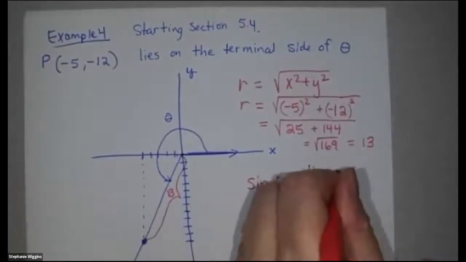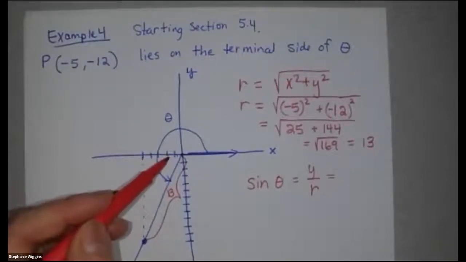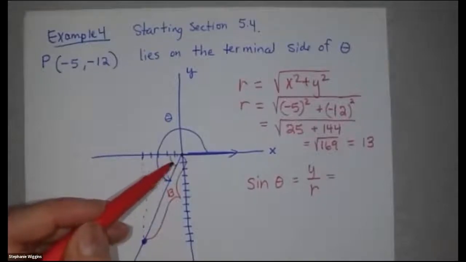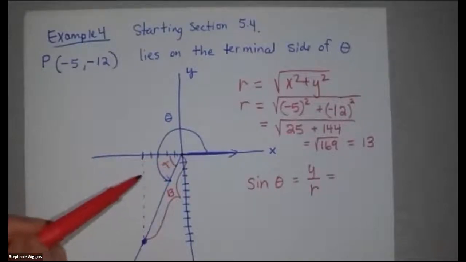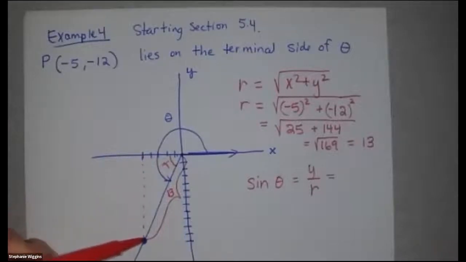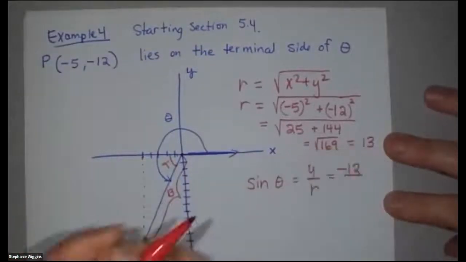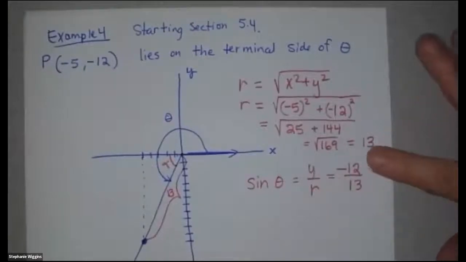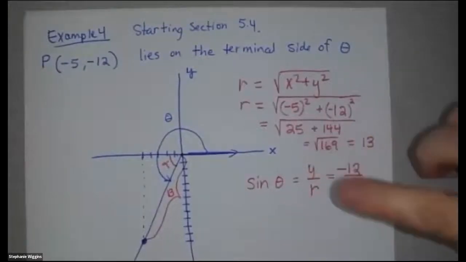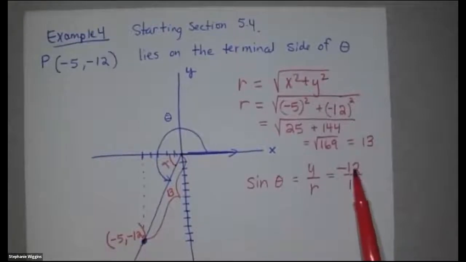And so sine of theta is going to be, now, opposite, so here's the angle, the reference angle, and we're talking about the opposite, which is this distance here, and we're going to use the same sign as y. So we have -12 and r is 13, right? Y is -12. I should probably label my point here so I'm not confusing. Okay, here's the y value is -12. The r value is 13.